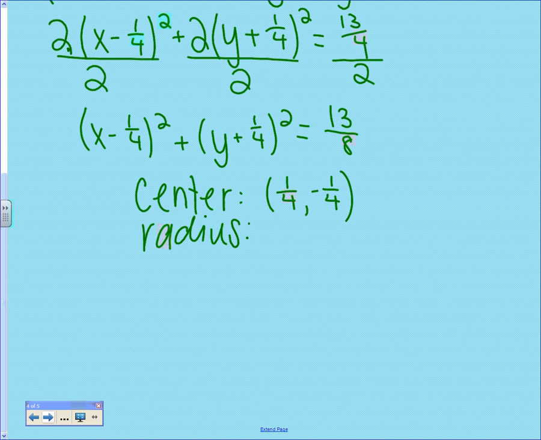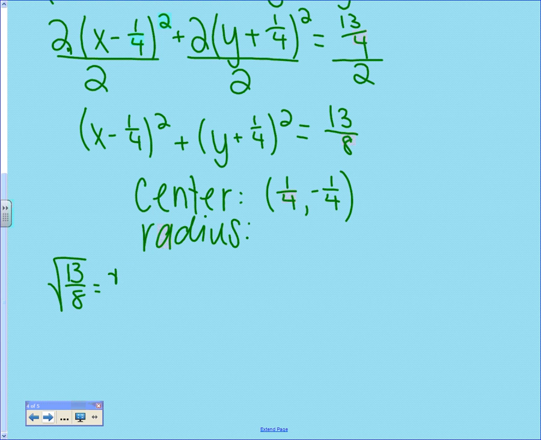How do we find our radius? But they're going to leave it as a fraction with a radical. Okay, so you'd have the square root of 13 over 8.